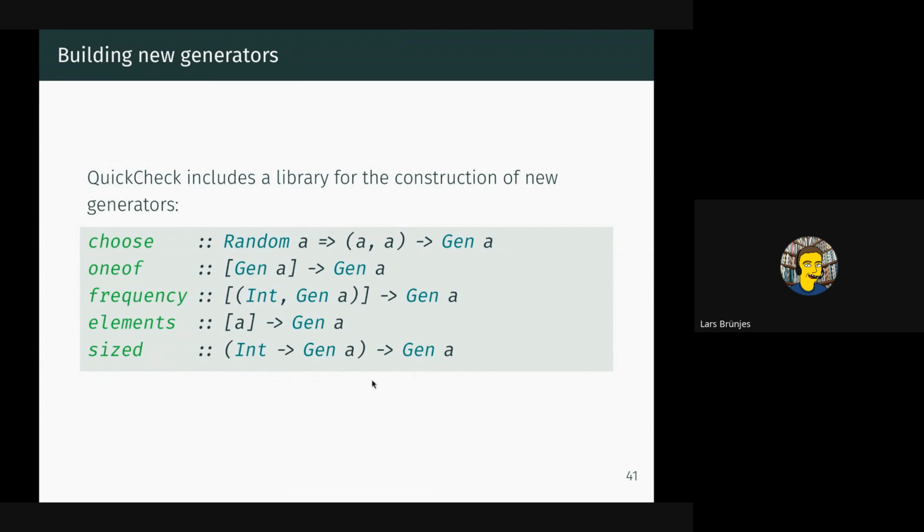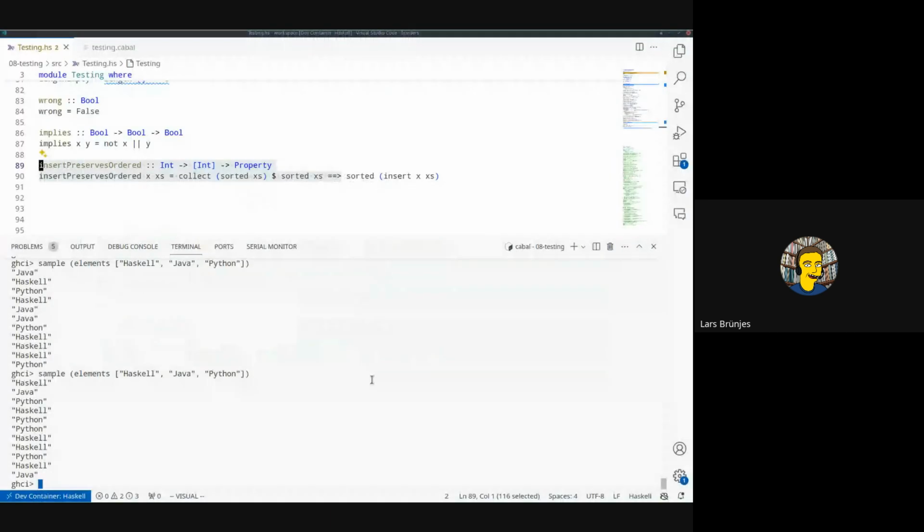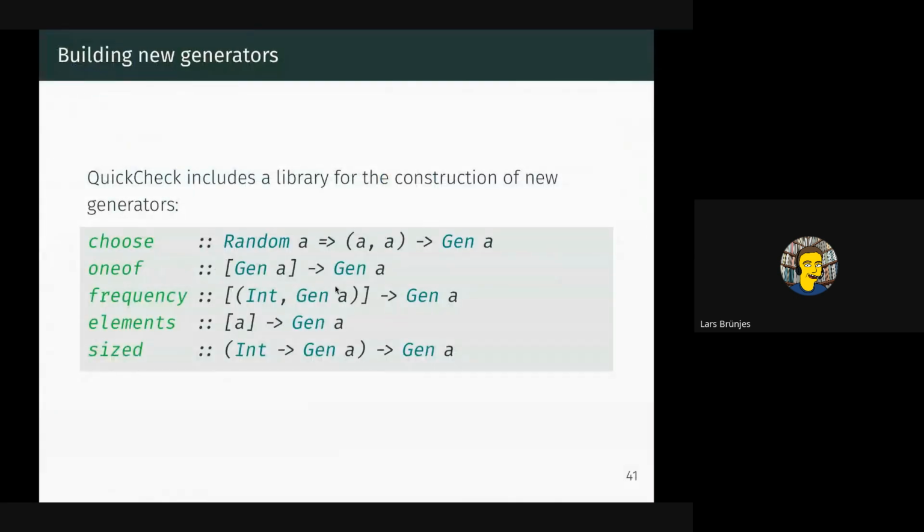So for example, we can do sample sized, and let's say we use choose 0 n. Let's tell it we want ints. So now we see that it will always use choose between 0 and n, but when n increases, so when we want larger and larger sizes, it starts to pick larger and larger numbers. So that's the most sophisticated one.